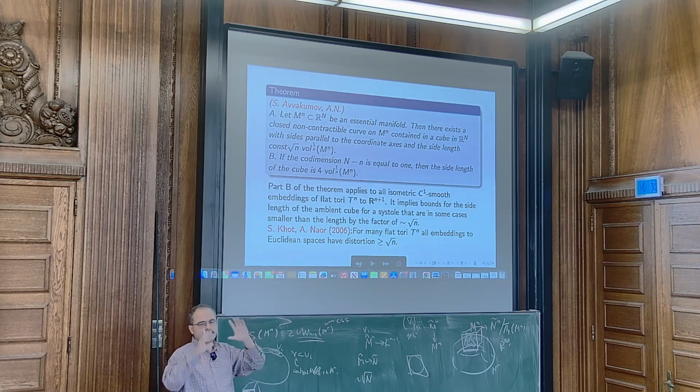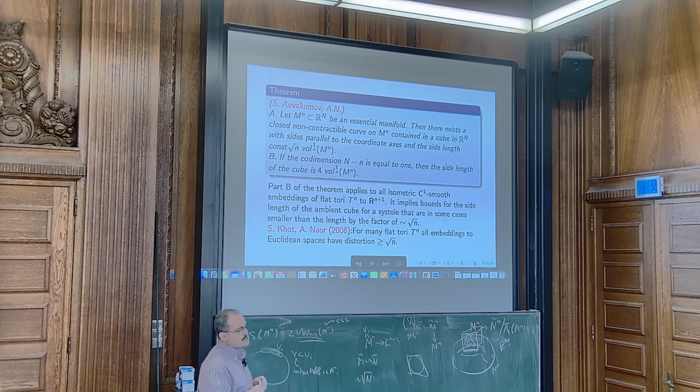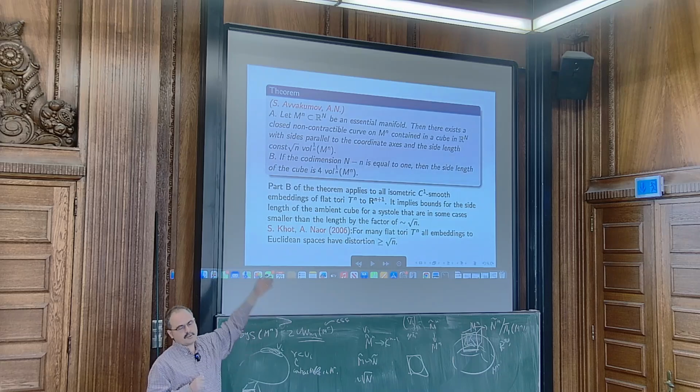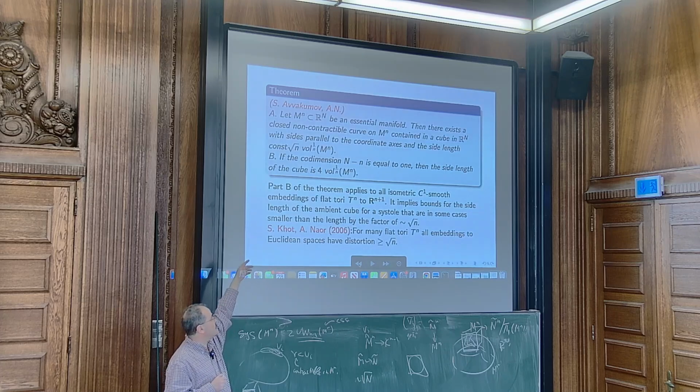Yet, according to this theorem, it could be embedded into a cube with side lengths equal to 4. Part A? Well, if we knew the Gromov systolic inequality with the optimal constant square root of n, then of course it would be weaker than that. But since we don't know it, ideally we wanted to bound the length of the systole, but we don't know how, so we take what we can.